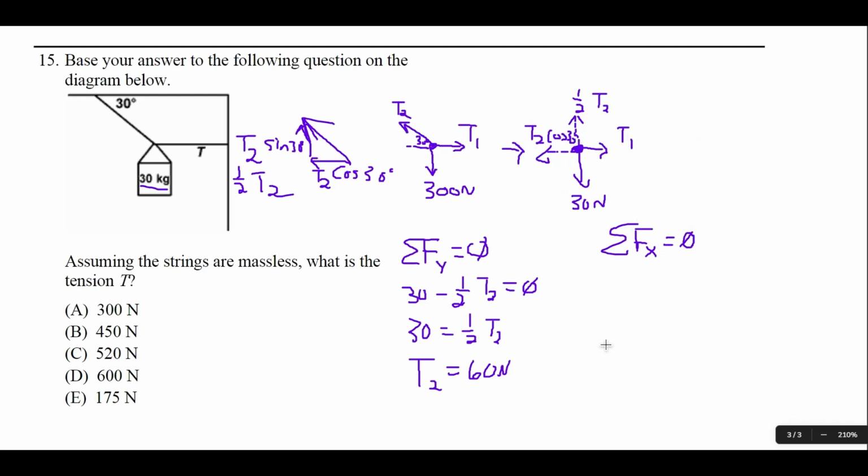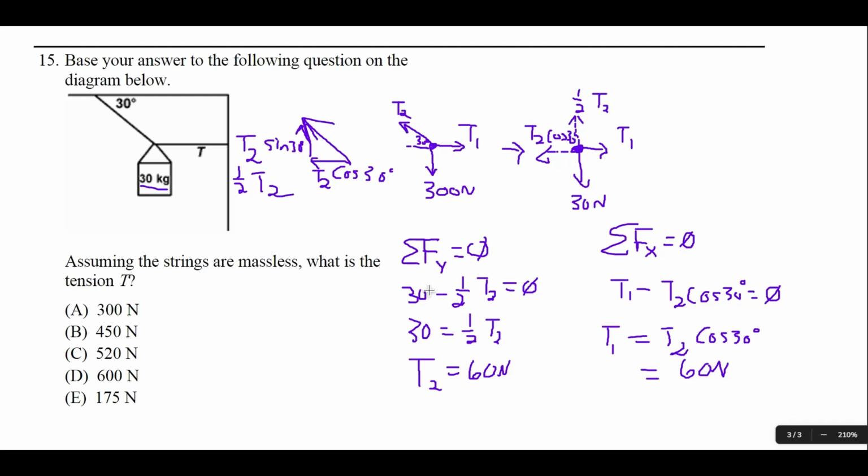So I could do the same thing. I set these two equal to each other. Now it doesn't matter which one I say is positive and negative, since it's going to be equal to 0 anyway. So I could say the right is positive or the left is positive. It doesn't really matter. So solving this, I get that T1 is equal to T2 times cosine of 30. I already figured out that T2 is 60 newtons.